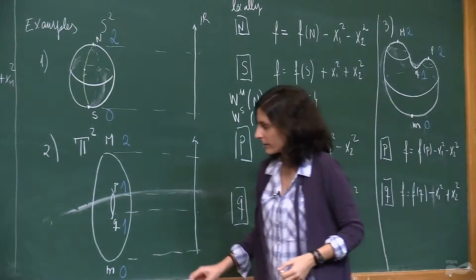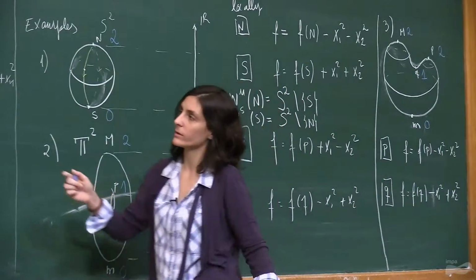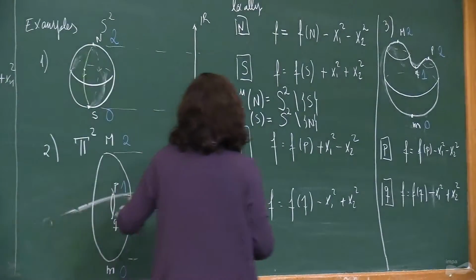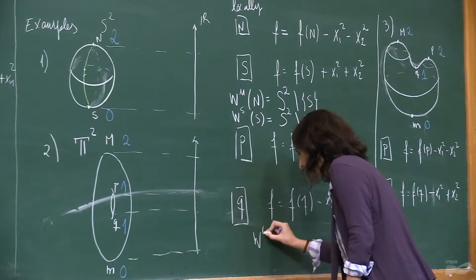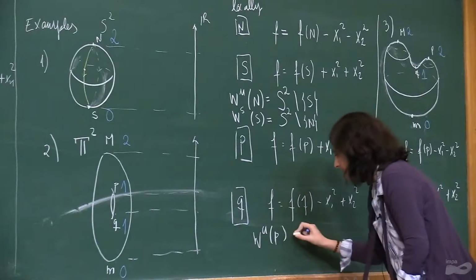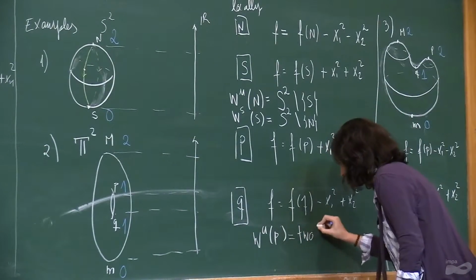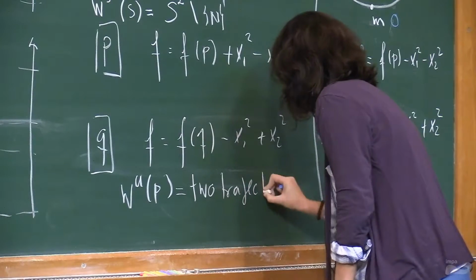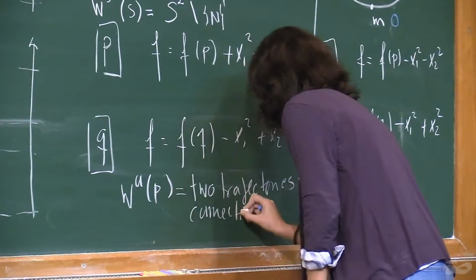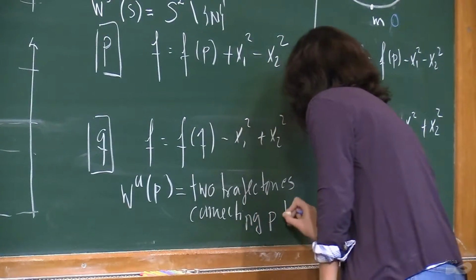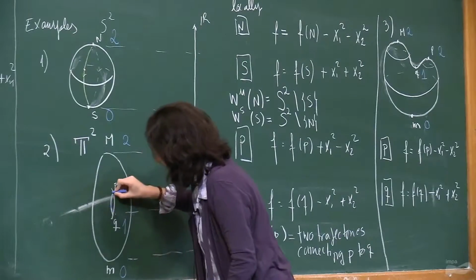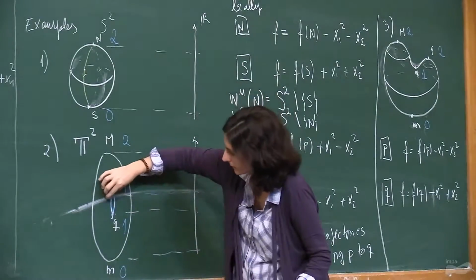Let me point out that in this case, the Smale condition does not hold. Here, the unstable manifold of P is basically given by the points in two trajectories connecting P to Q. These two trajectories right here, going downwards.